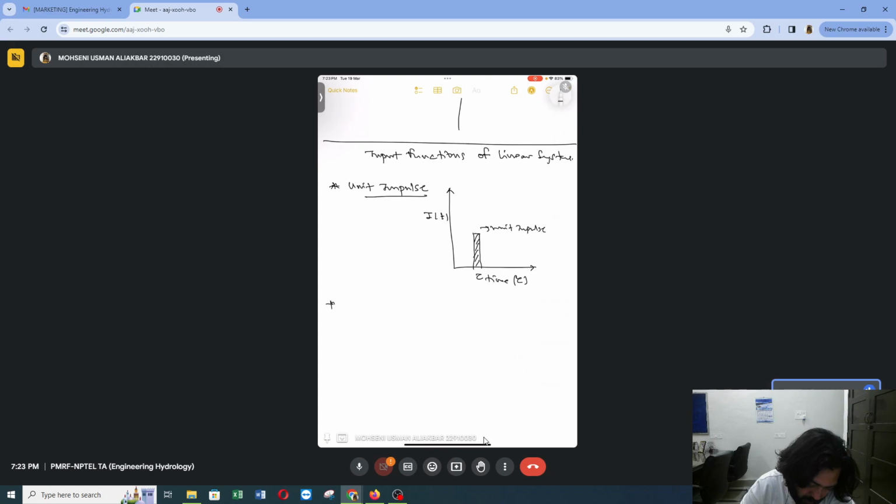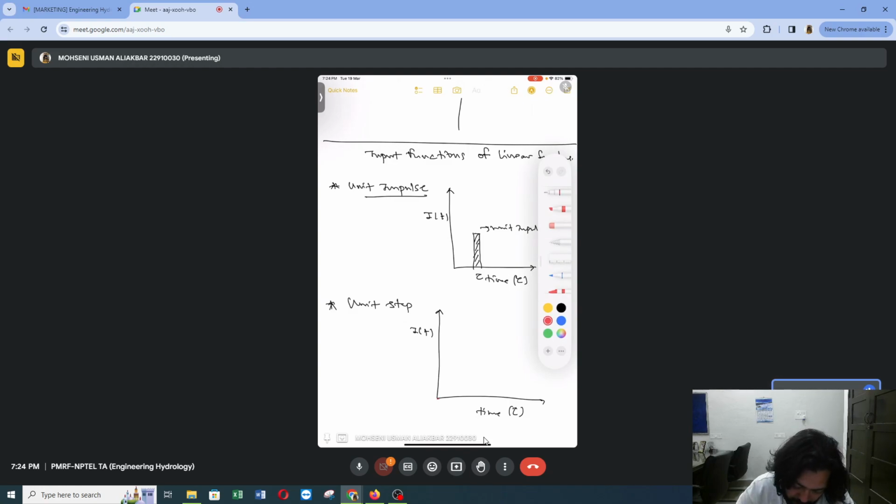Then there is something called the unit step. If you want to understand the unit step, this is time, and this is input of t. The unit step is that input that goes from 0 to 1 at time equal to 0 and then it remains constant.